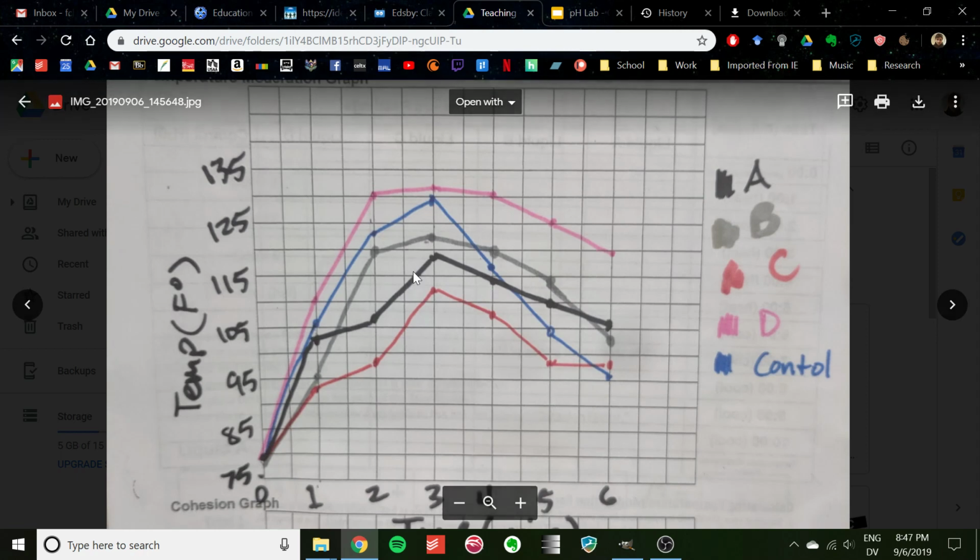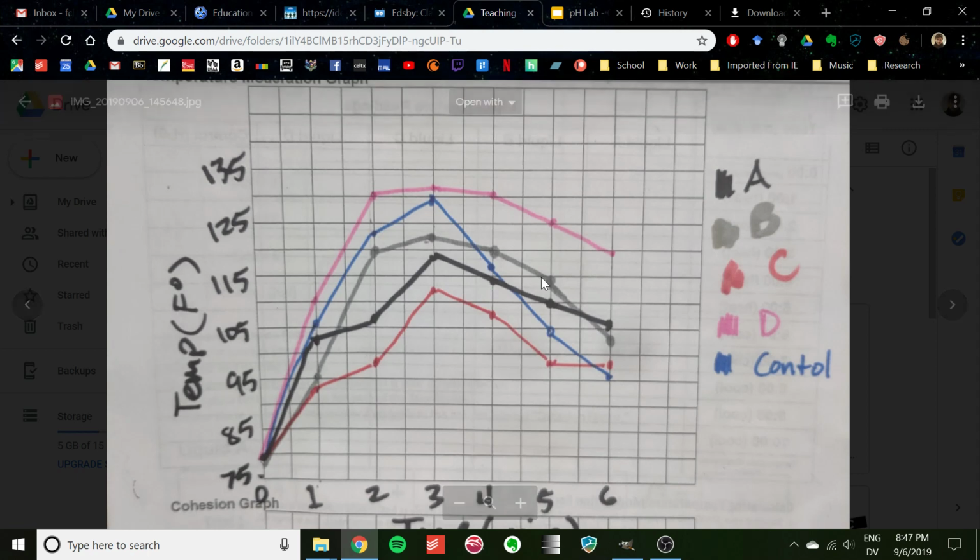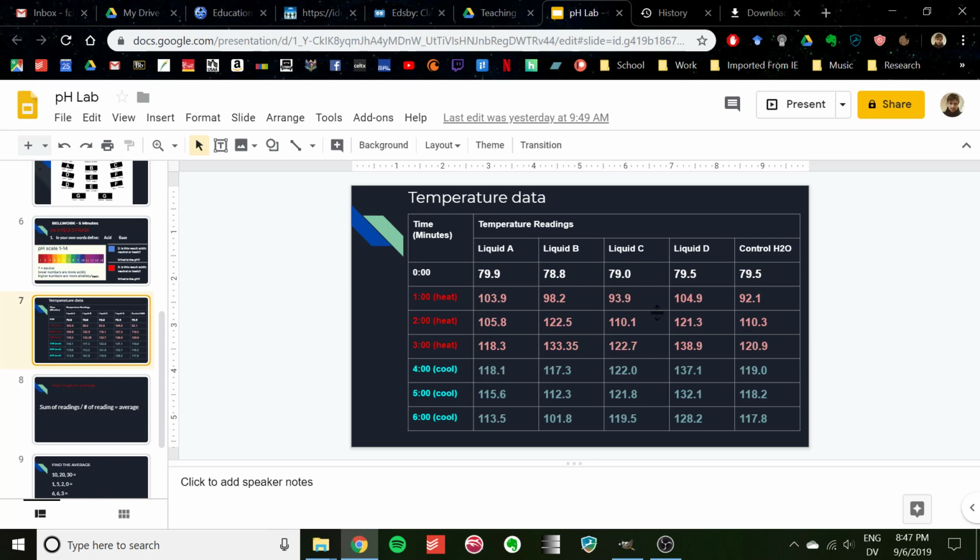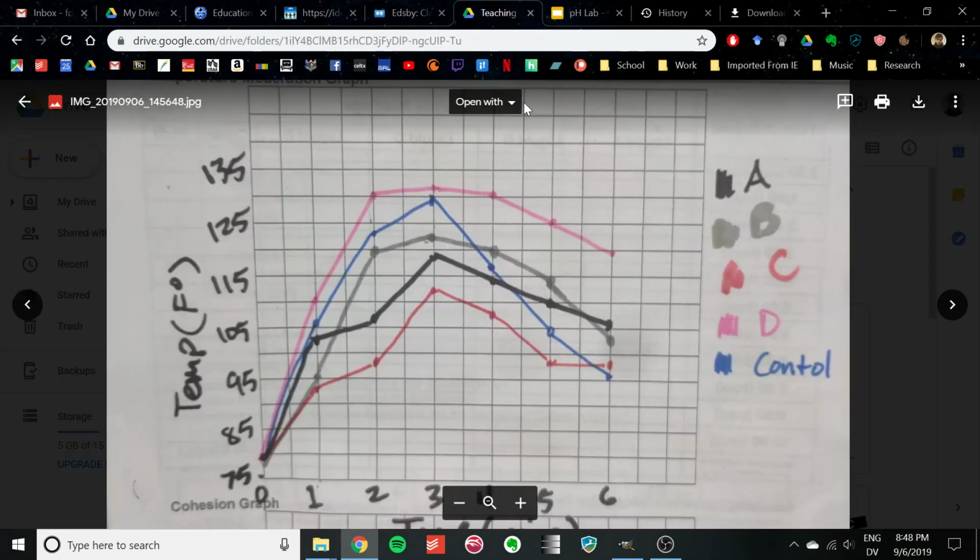So yeah, you should have each of the liquids represented by a different color. And the reason that we do this is to be able to compare them. Because when you look at a data sheet, you're like, hey, which one of the liquids was most similar? I don't know which liquid was similar. Look at all these numbers. Well, when you look at it on a graph, you can just look at it and be like, you know what?